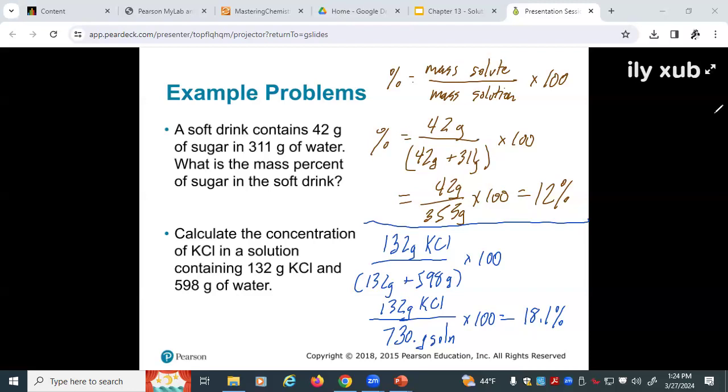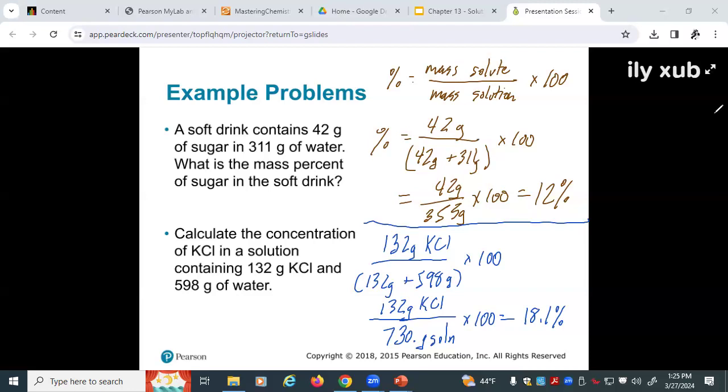So this would be an example of a direct calculation between what our data are and the mass percent. And so the key to getting these kinds of problems correct is just to make sure that you know what goes where and that you're calculating the solution mass correctly. Sometimes they'll trip you up and tell you the mass of the solution instead of the mass of the water.